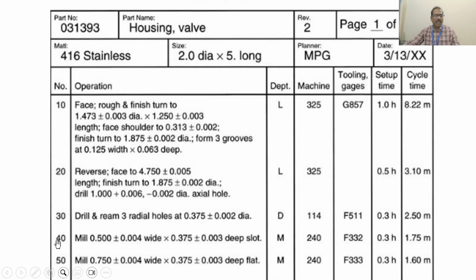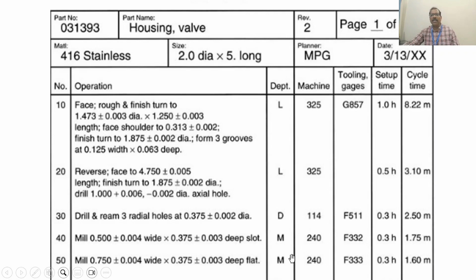So here 10, 20, 30, 40, 50 are given. Then the operation, which department is going to do that particular operation, and under which machine, with the machine numbers also given. 325 is the number labeled for a particular lathe machine. Again they use the same machine for one more operation on the lathe. Then they go for drilling and milling. M is milling, D is drilling. The machine codes depend on the industry; they give 111, and 240 for milling, using the same milling machine.